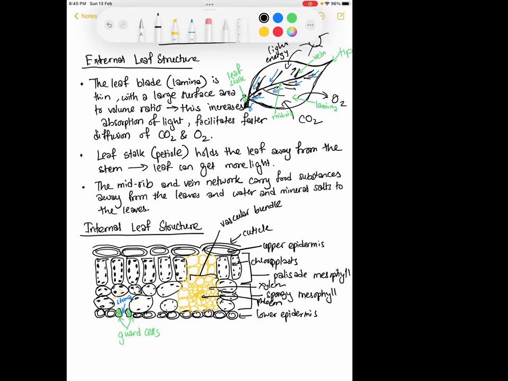I'm done. I'm trying to find some 3D drawings so that it's easier for you to see from different angles. Yeah, I got one to show.